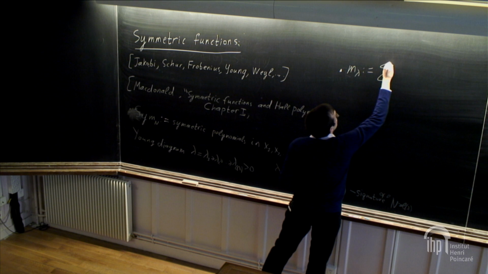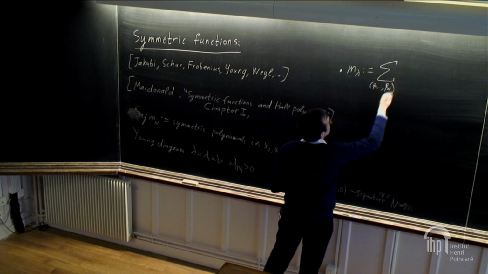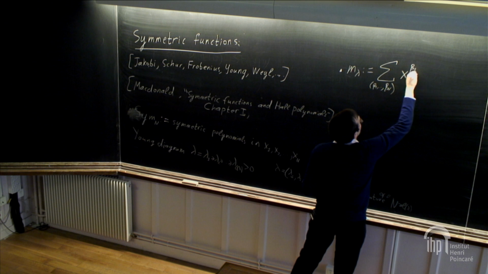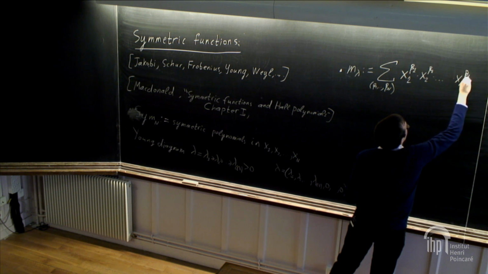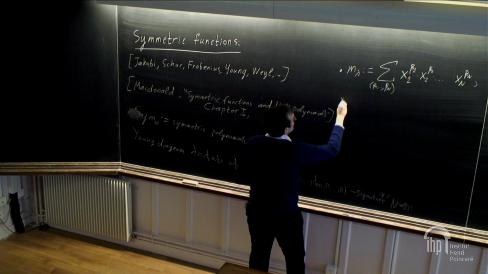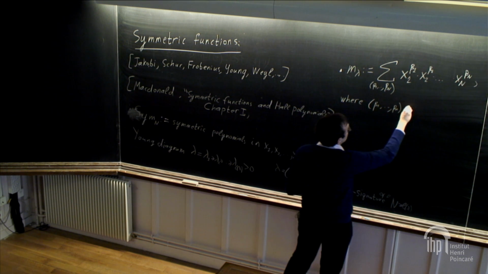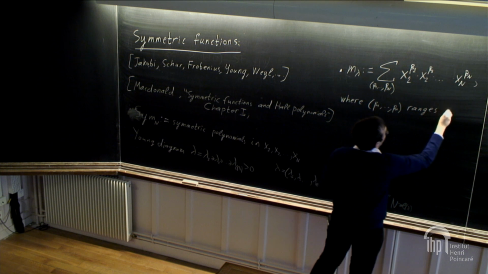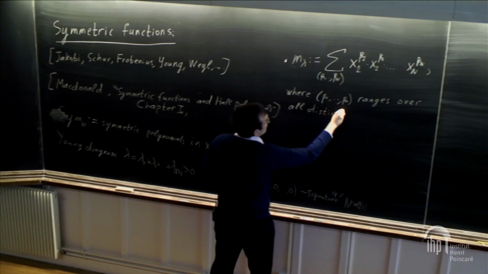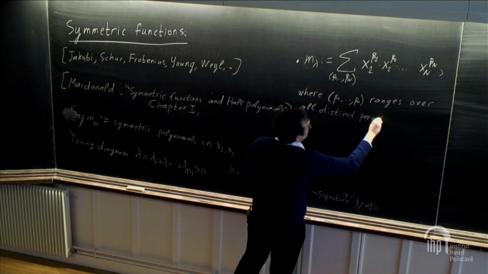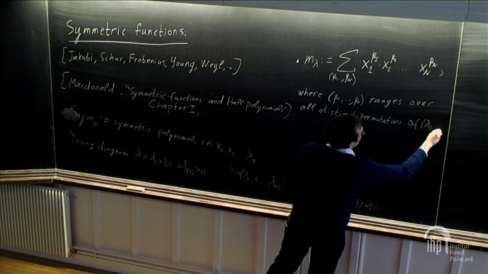So m lambda by definition is the sum over beta of x1 to the beta 1, x2 to the beta 2, ..., xn to the beta n, where we sum over all distinct permutations of this initial signature lambda 1, ..., lambda n.